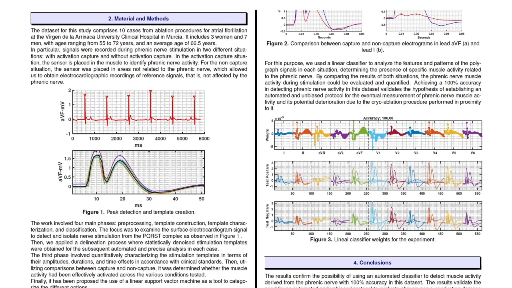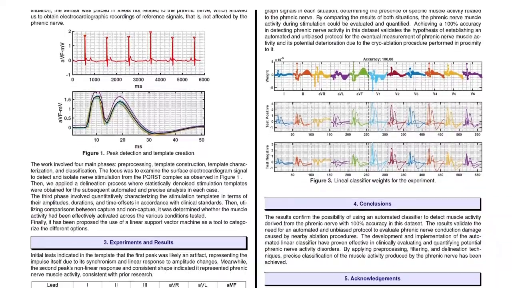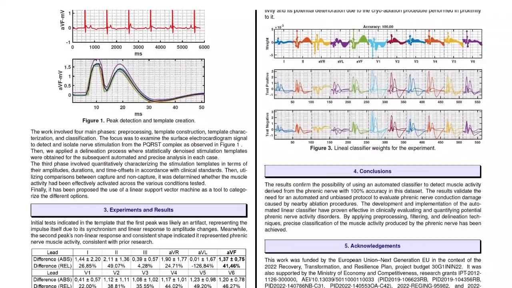Subsequently, a delineation process was applied to statistically obtain the nerve stimulation templates for precise analysis in each case. In the third phase, stimulation templates were quantitatively characterized conforming to clinical standards. By comparing capture and no-capture scenarios, the study determined whether muscle activity had been effectively activated under various test conditions.